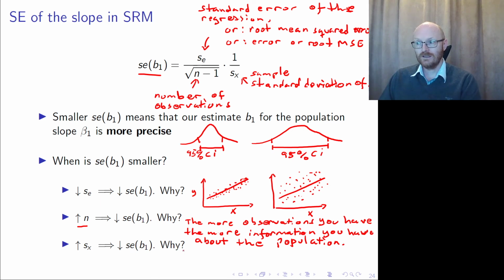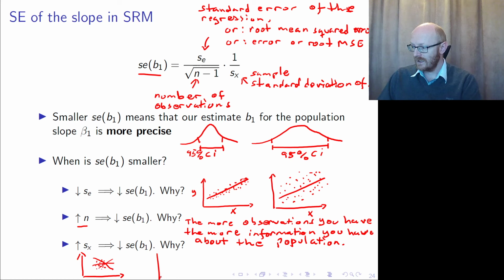And you might say that if you have some data points and you have very little dispersion of the x, then you really don't know where the slope is going.